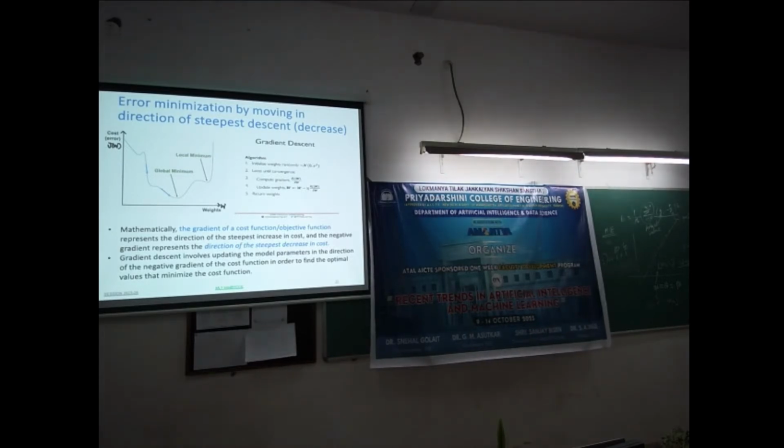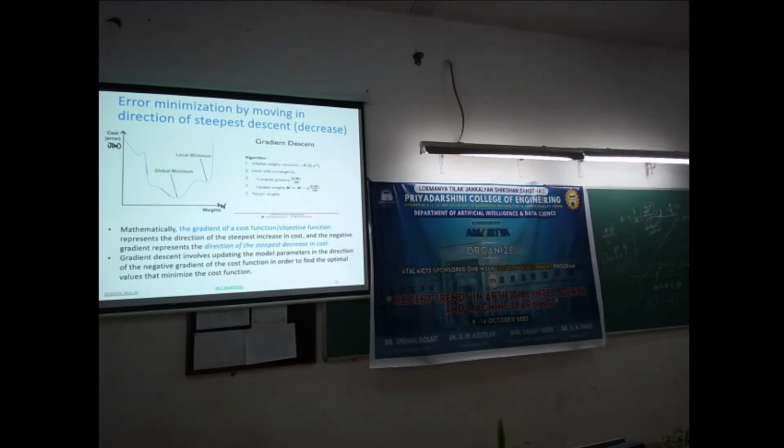On this axis there are the weights. Simply assume, for the time being, that you have a single weight. Actually, it is a multi-dimensional space, but we are representing only a single weight dimension, just for simplicity.